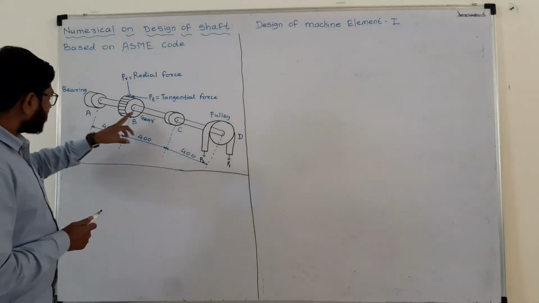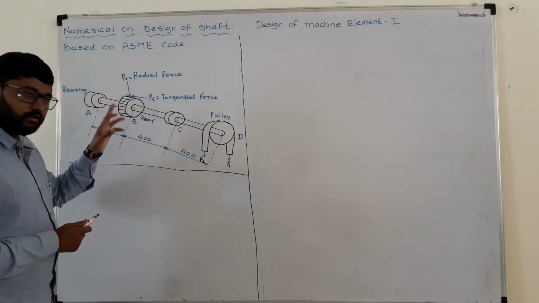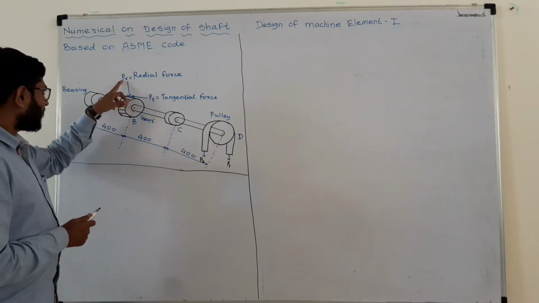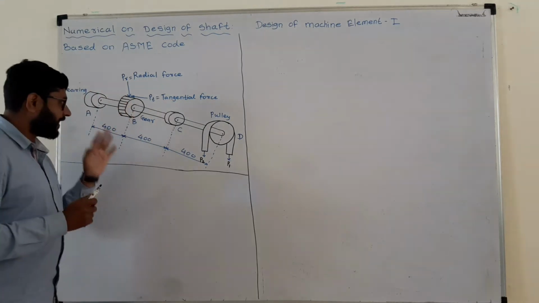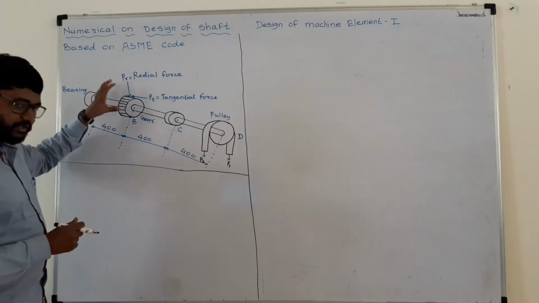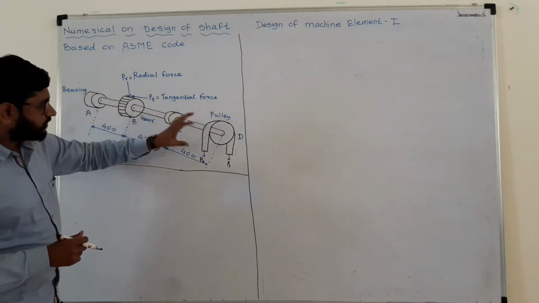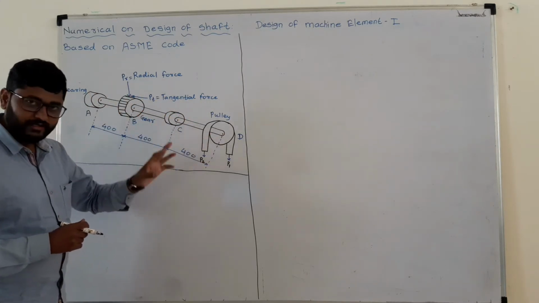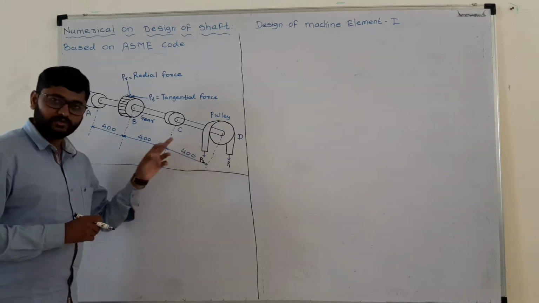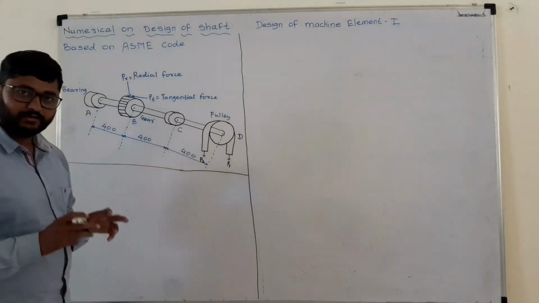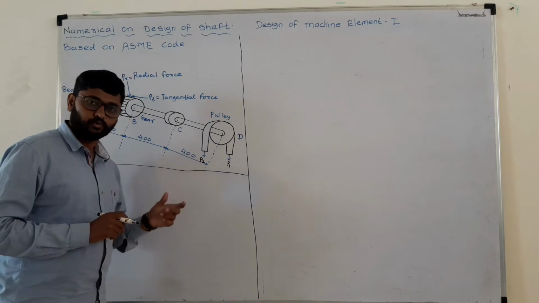On gear B, the radial and tangential forces are given, and on pulley D, belt tensions are given, acting vertically downwards.